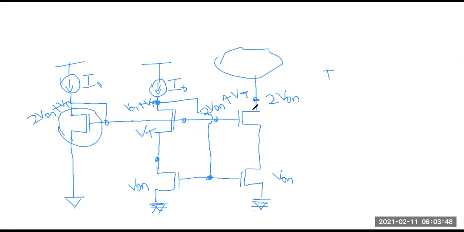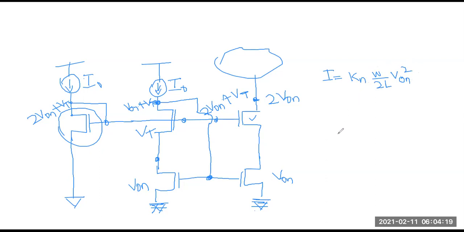Suppose this transistor and this transistor, everything has the same length and same current. Okay. So your I is equal to what? Kn W by 2L times V on square. Yes or no? Forget about lambda, 1 plus lambda Vds.